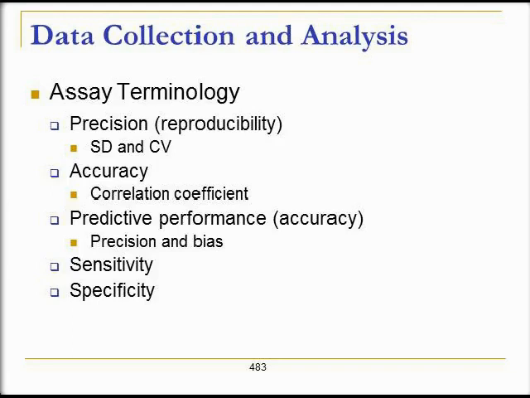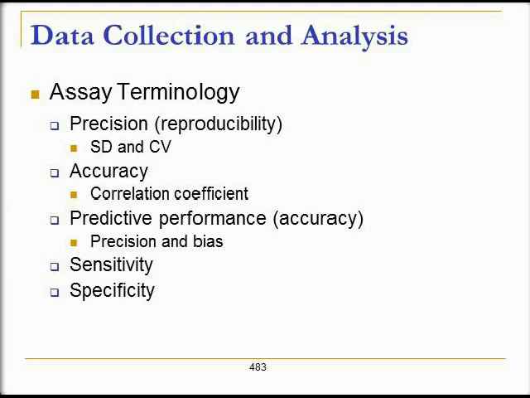And I have the values there for precision and bias in predictive performance. So precision is basically, is it close to what it should be? So if it should be 10, is it close to 10? Is it 9.8, 10.2, etc.? And then bias tells you whether it tends to overestimate or underestimate.